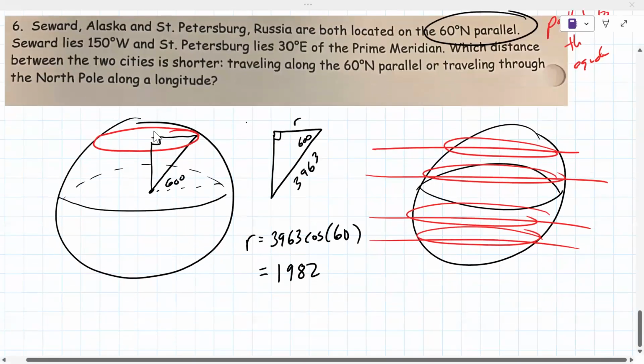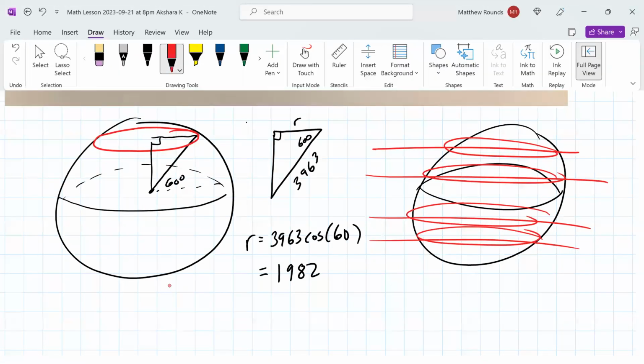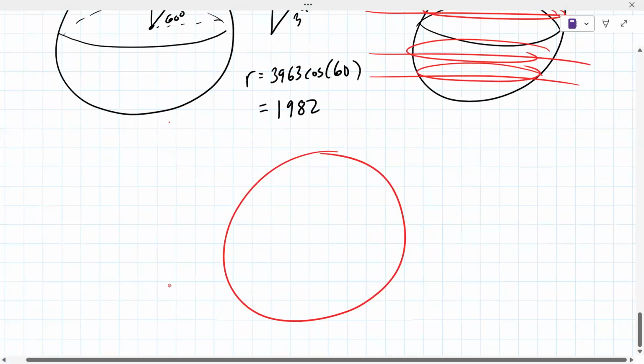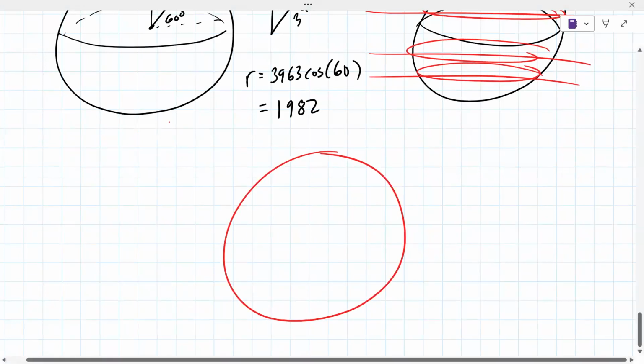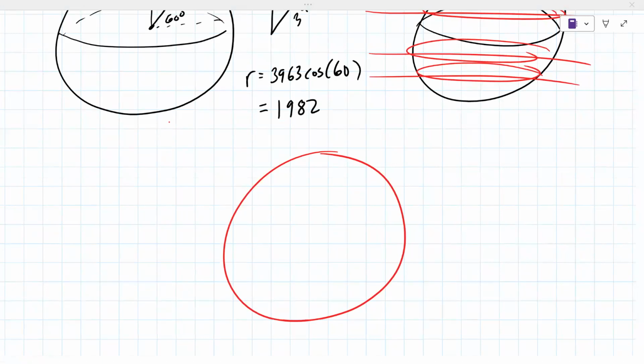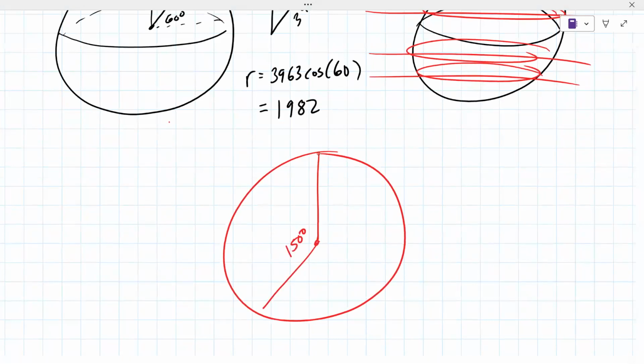All right, so now if we do the top down, this again, so we're looking at this right here. I'm going to go back to it on this other screen. Oh, come on, load up. All right. So 150 degrees west. So here we go again. There's the north. So 150 degrees west is there. And then the other one's 30 degrees east.